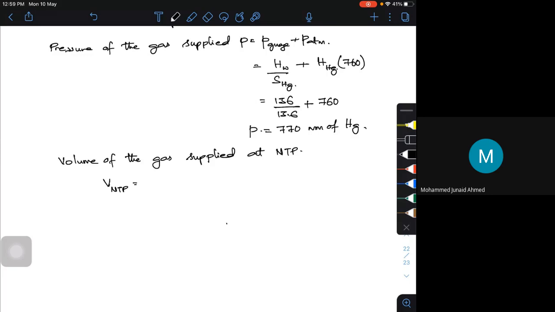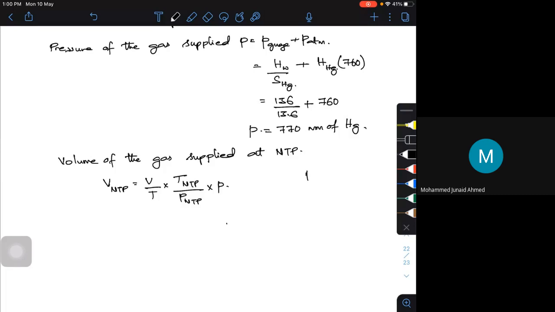So this will be V by T, V by T into T at NTP by P at NTP multiplied by T. Simple formula.